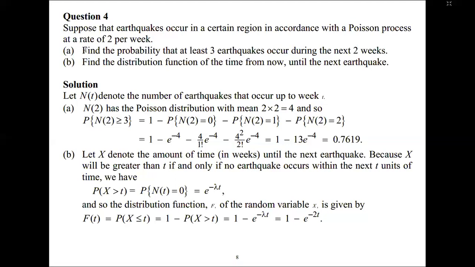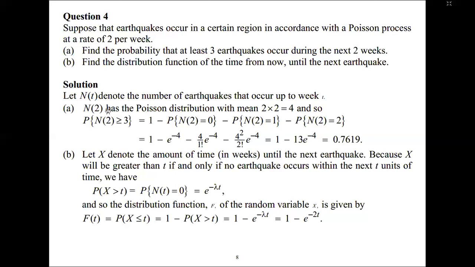The first question, A: find the probability that at least 3 earthquakes occur during the next 2 weeks. At least 3 means 3 or more. So first we define N(t) to denote the number of earthquakes that occur up to week t.